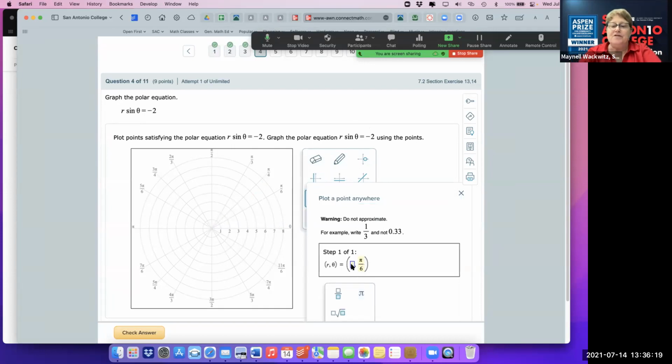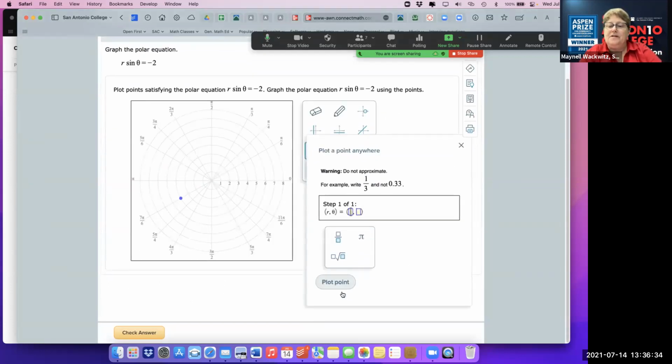What is the sine of pi over 6? And if we can't find the reciprocal of that, what is the reciprocal of it? Good, 2, and 2 times -2. All right. Let's plot that point. What if we do pi over 2?